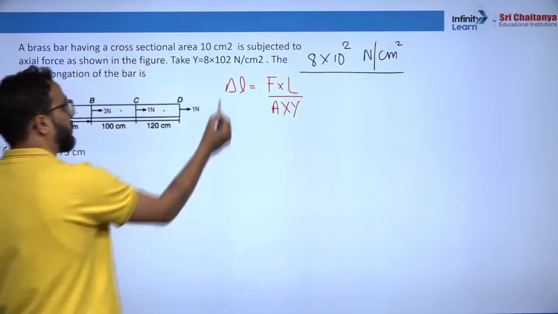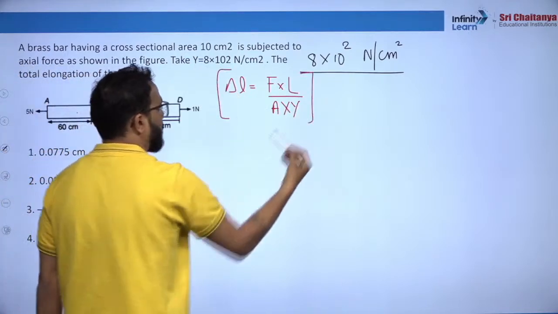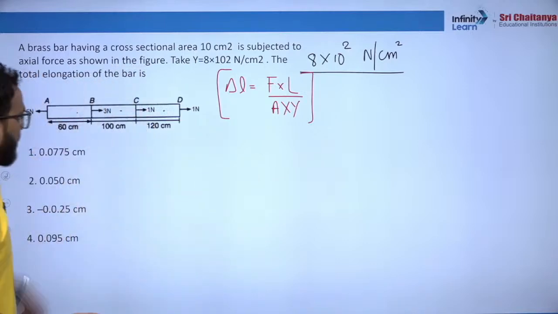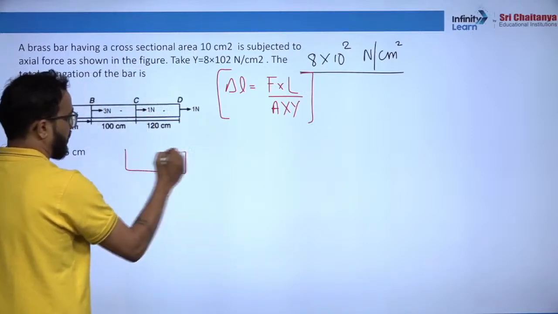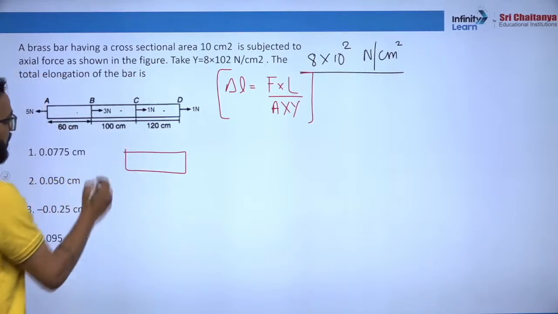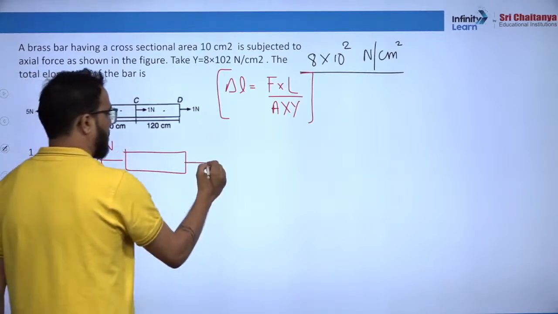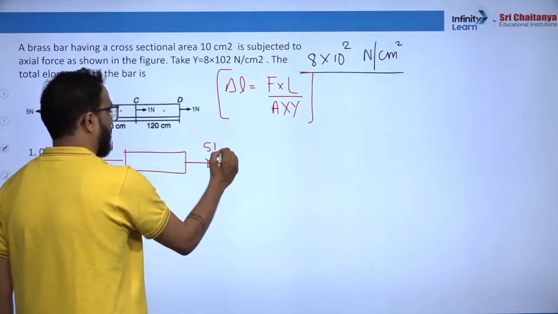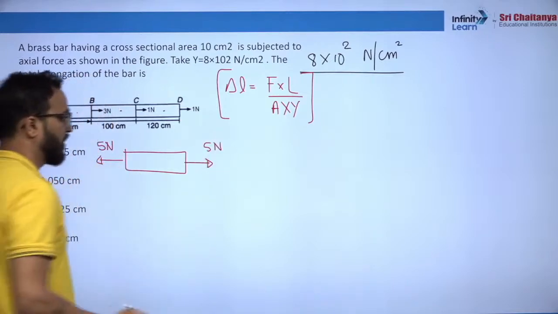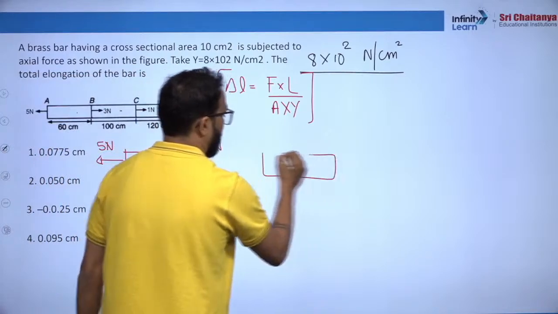Clear? Now we just need to find out what is the force acting on every section. So let's begin with the first section here. In the first section, what is the force? 5 Newton. So here must also be 5 Newton. Now let's come to the second block.